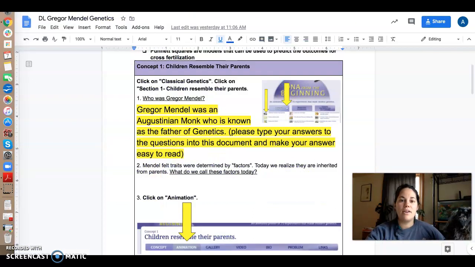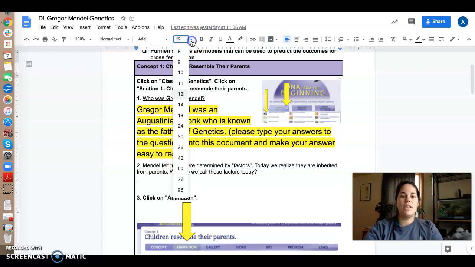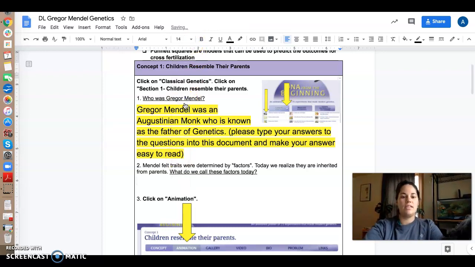So I would go back here and I would type in, and let's change my text size, those factors are called genes.